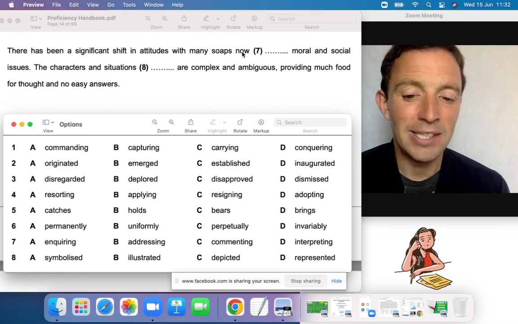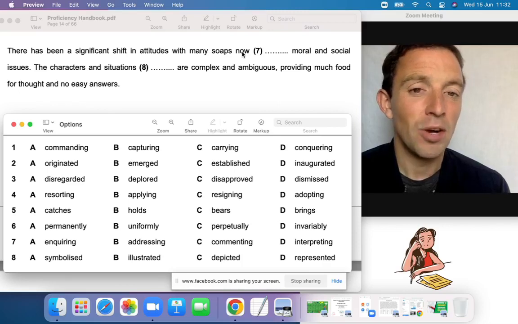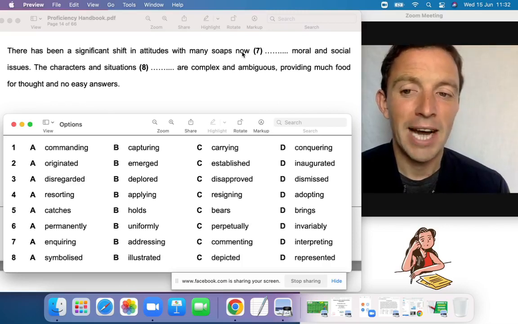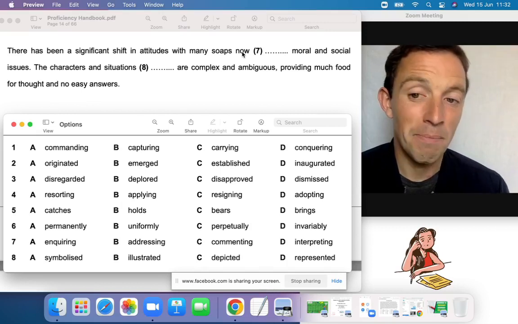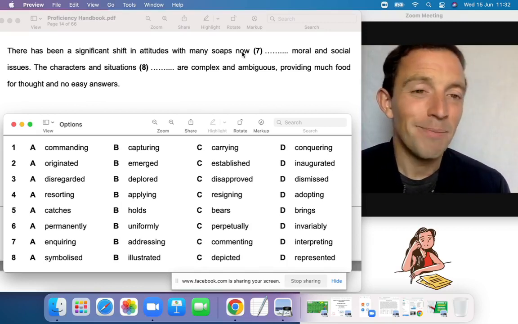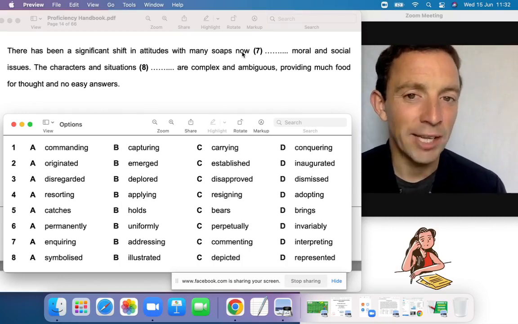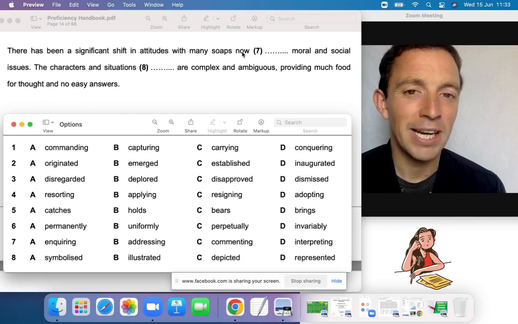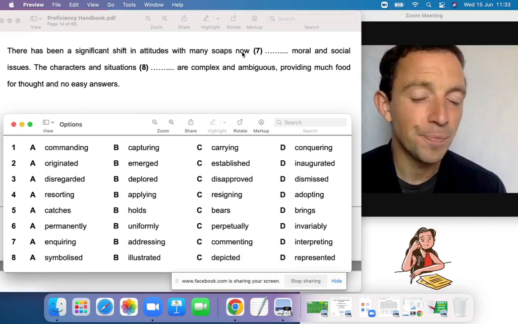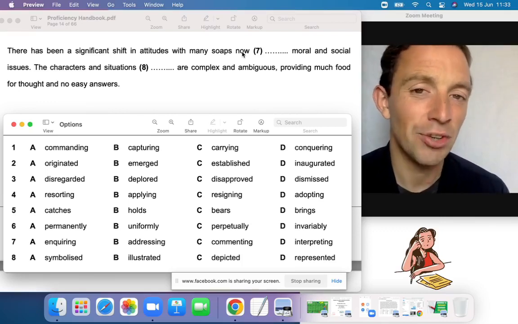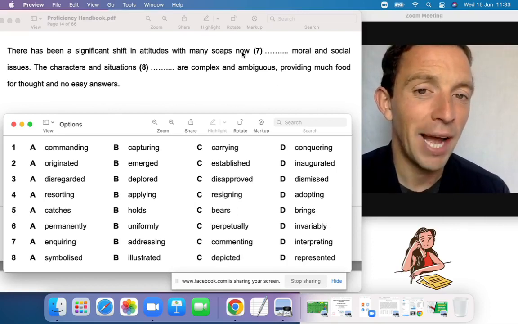So symbolized, illustrated, depicted, represented. The characters and situations are complex. So symbolized, maybe. Illustrated, maybe. Illustrated is more for a magazine or a drawing or a sketch, or an artist can illustrate with a painting. So the context with illustrate is more in drawing or painting.